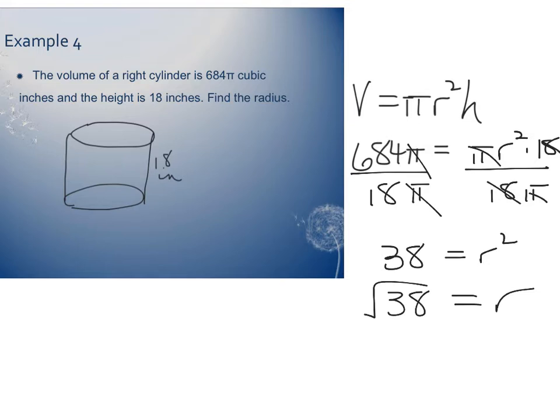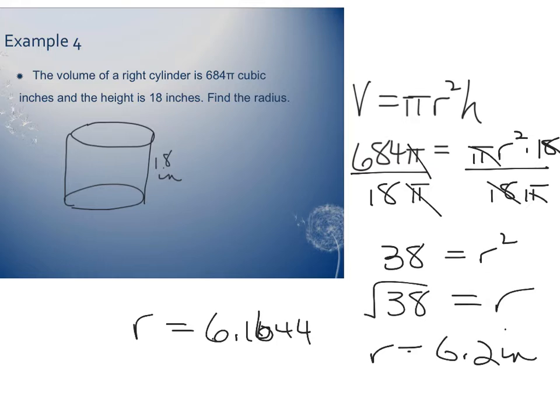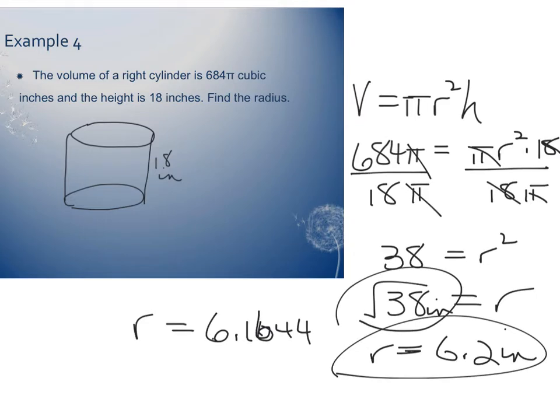And you can leave it like that. If you actually did it on your calculator, and if we round it to the tenths place, we end up getting 6.1644. Rounded to the tenths place would be 6.2. And these were in inches, so square root of 38 inches or 6.2 inches. Either way.